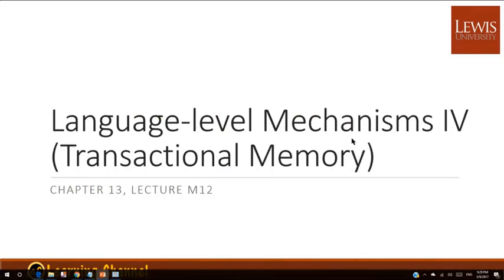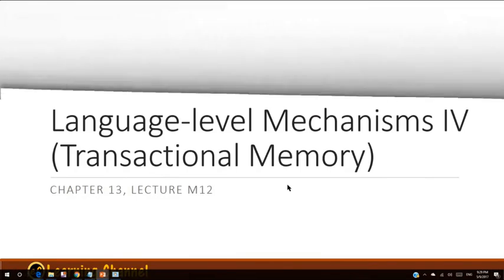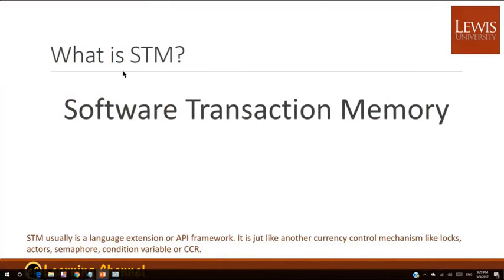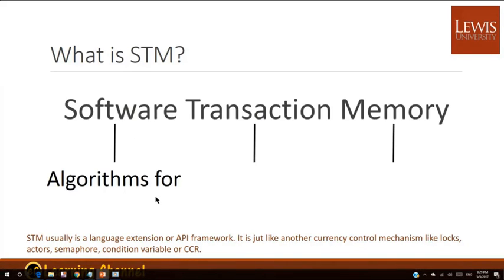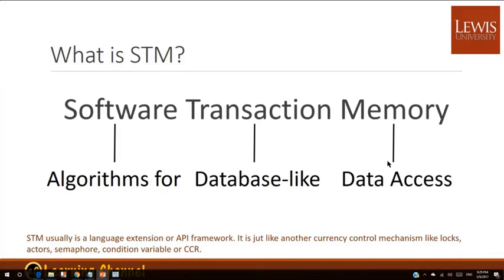Now, let's look at the language level mechanism part 4, transactional memory. Software transactional memory is used to implement the conditional critical region. In software transactional memory, software means the algorithm, transaction means database-like, and memory means data access. So you have the algorithms for database-like data access to your memory.